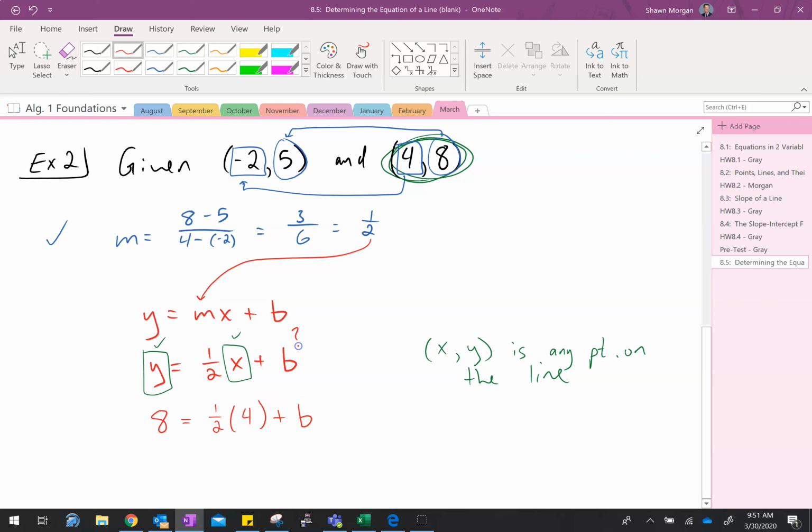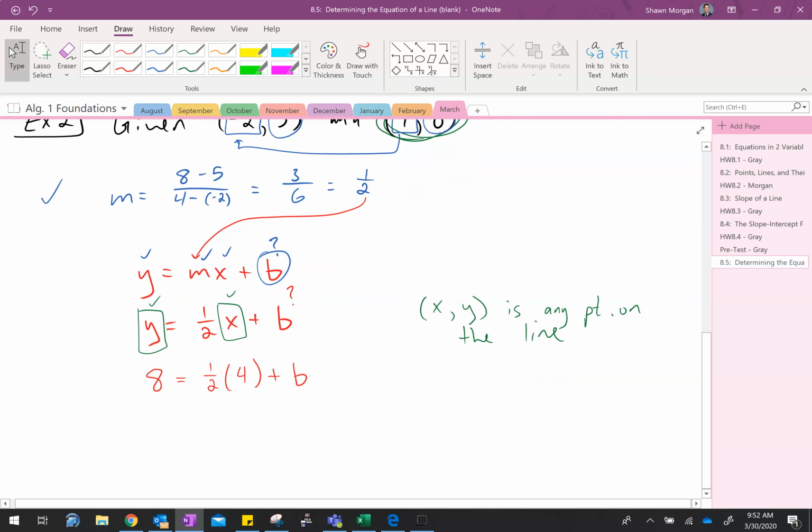And this b value now is our final remaining unknown. So from your slope-intercept form, you're plugging in the slope that you calculated in the first step, and then taking the given x and y values allows you to solve for that remaining unknown, b, or y-intercept.